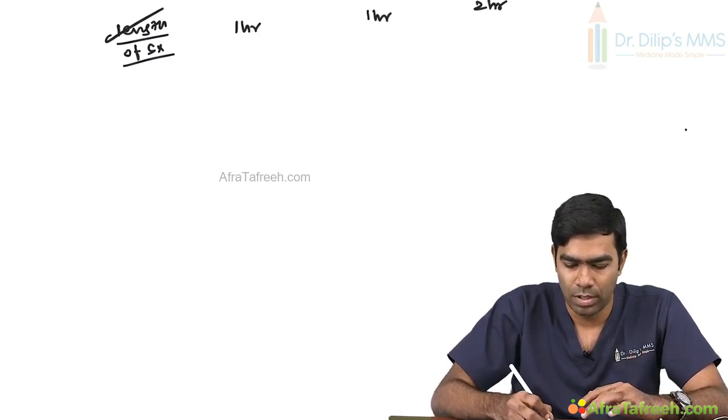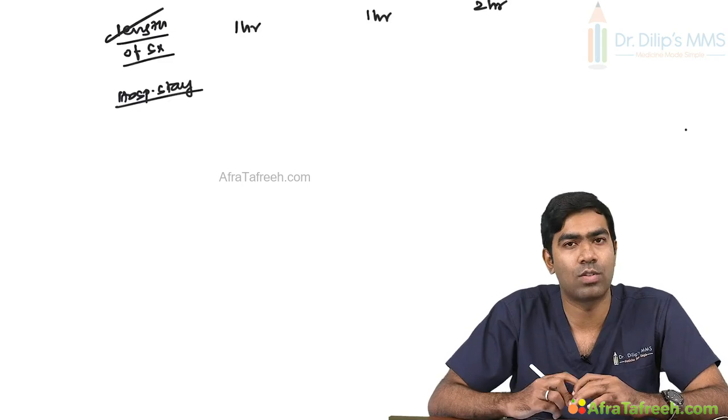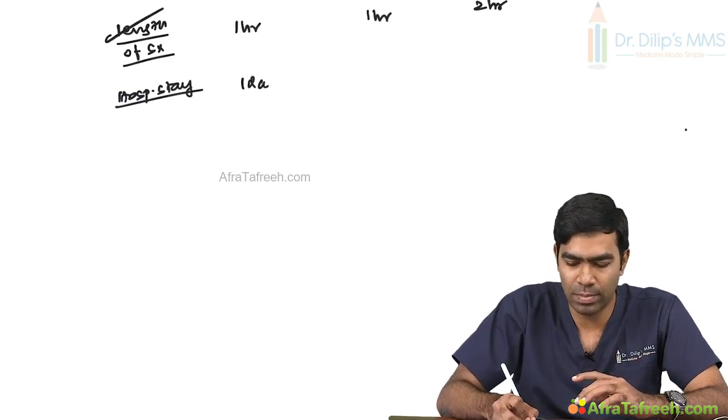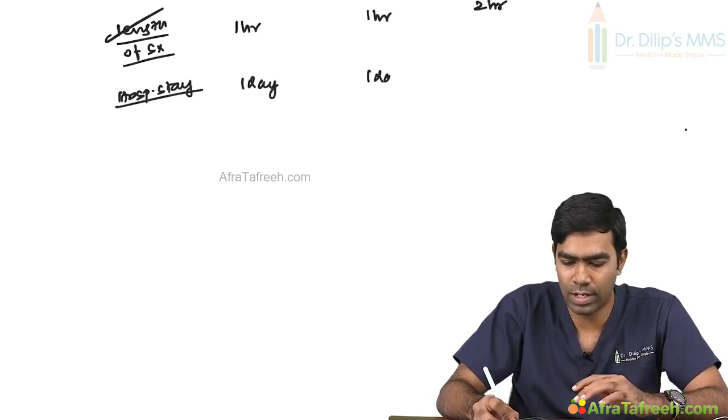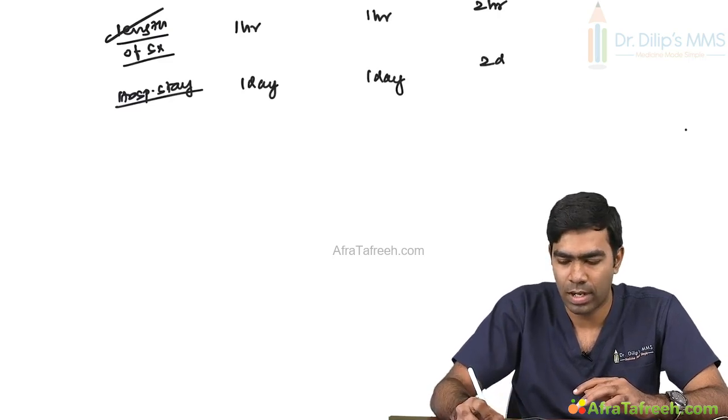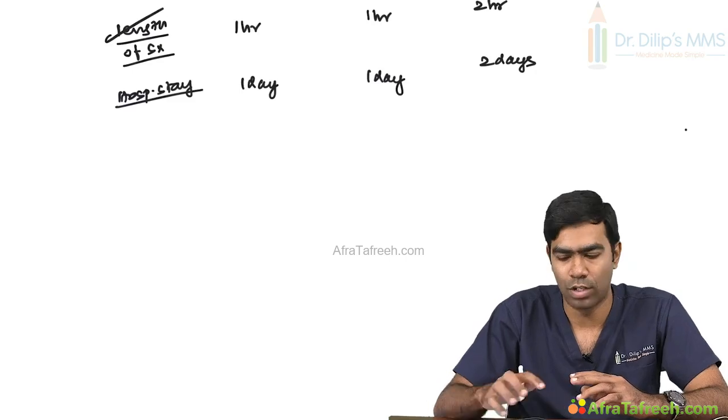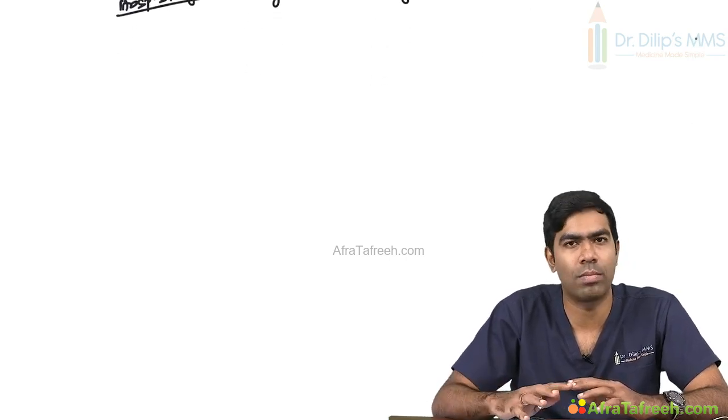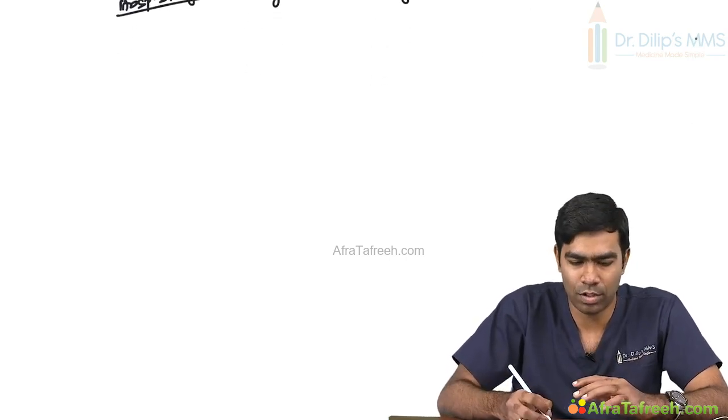And duration of hospital stay once again depends on the patient's comorbid status. Usually for LAGB it's only 1 day, for vertical sleeve gastrectomy 1 day, and RYGB usually needs 2 days, unless there are other complications which warrant extra stay in the hospital.